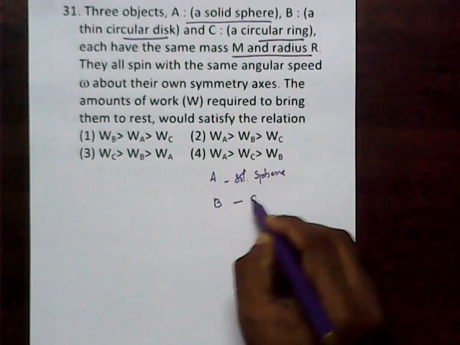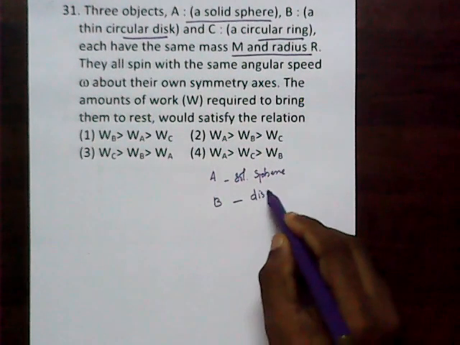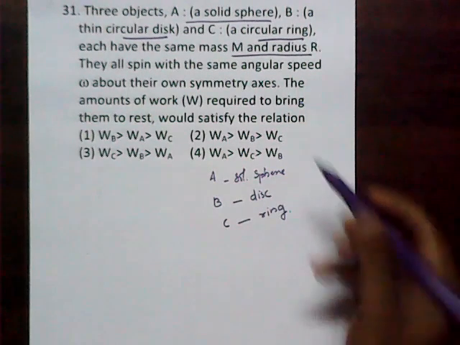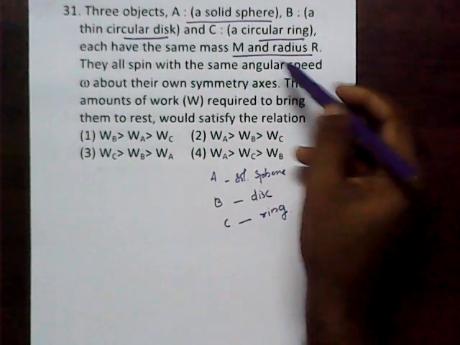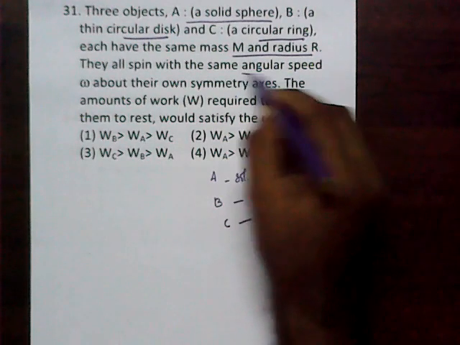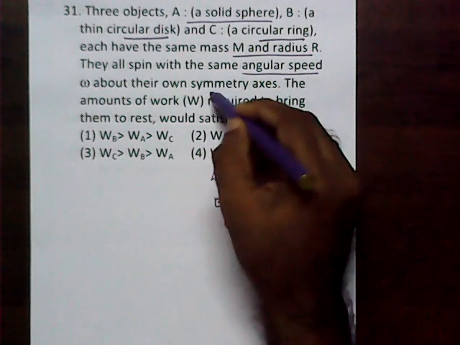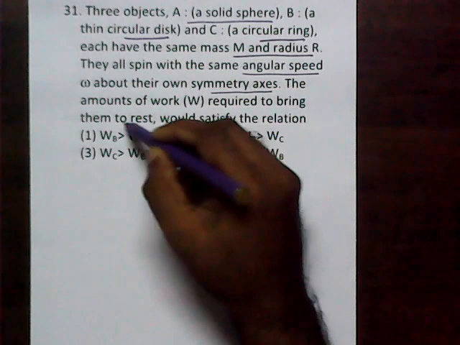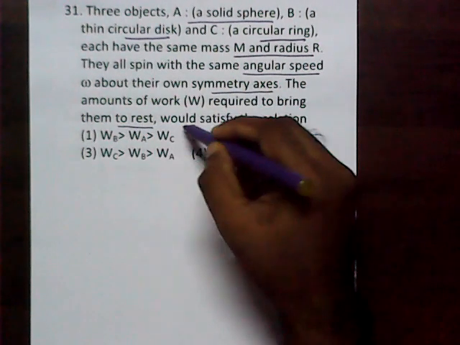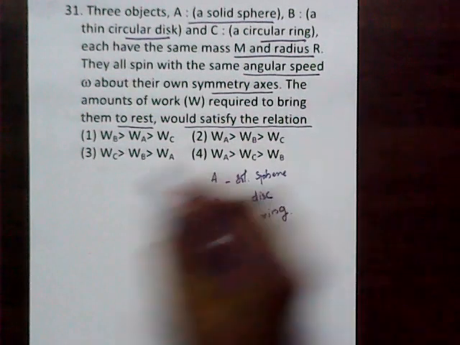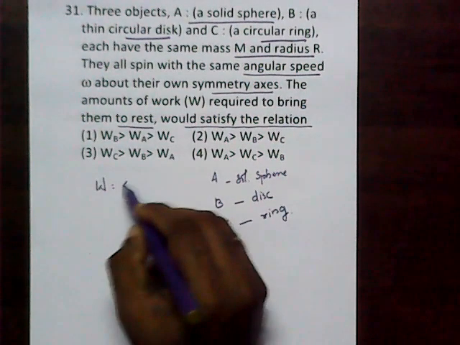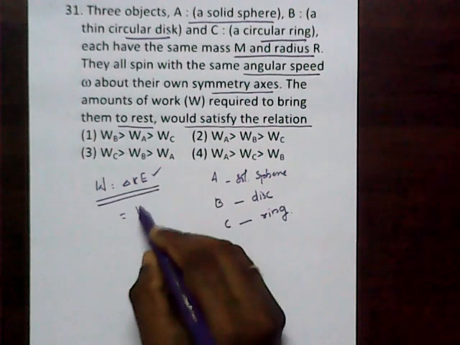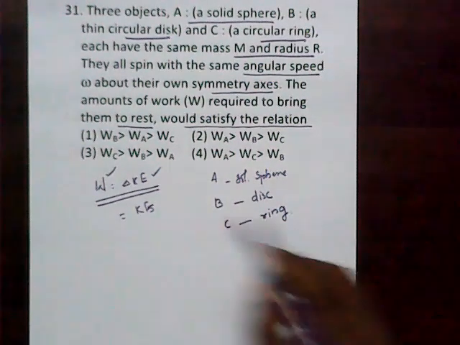They all spin with the same angular speed about their own symmetry axis. The amount of work required to bring them to rest would satisfy the relation. We can use the work energy theorem. Going to rest, the present kinetic energy is nothing but the work done.